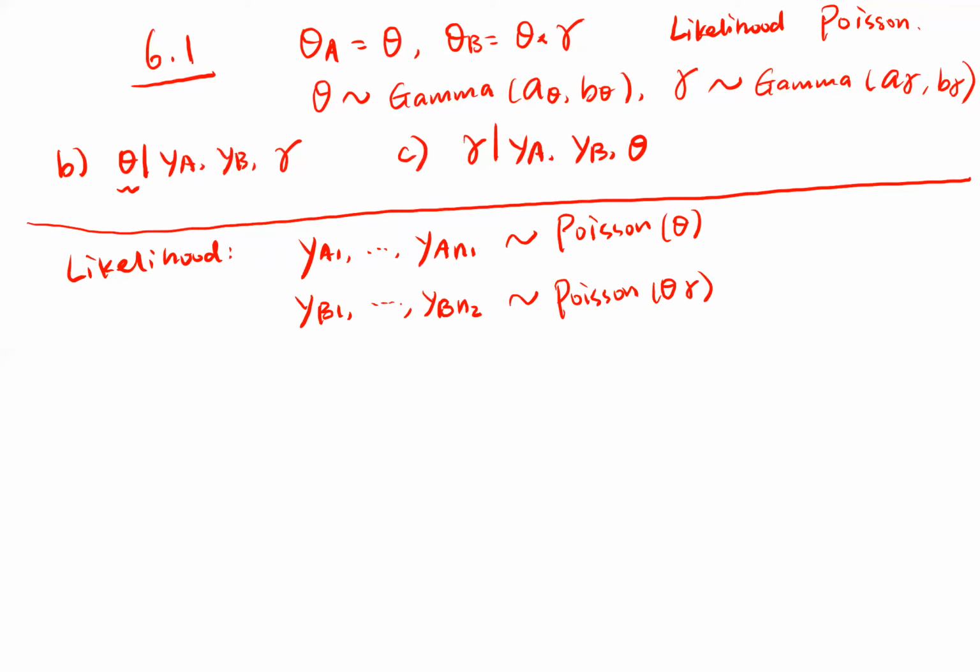Okay, so the likelihood of YA1 to YAN1 will be, because they're IID, the product over i from 1 to N1, and then the Poisson density.